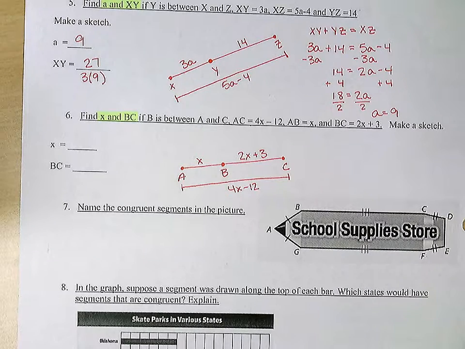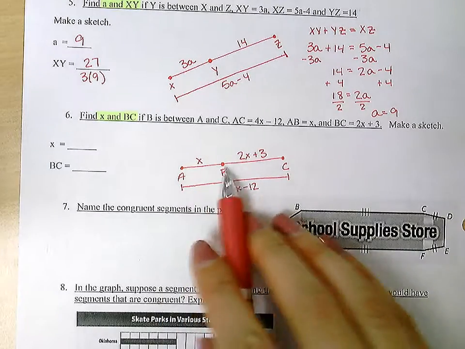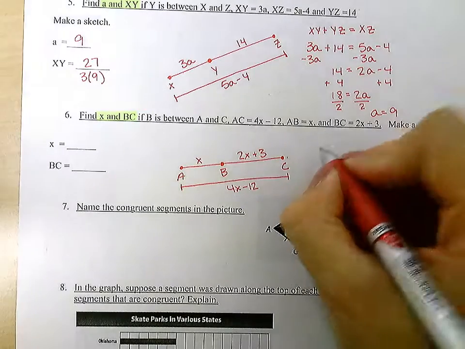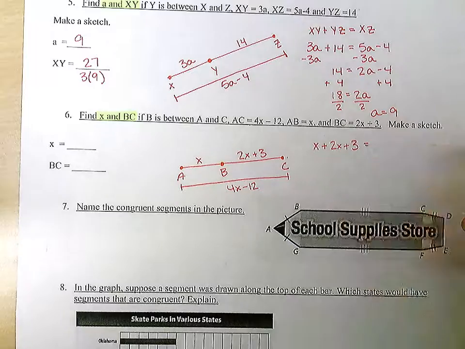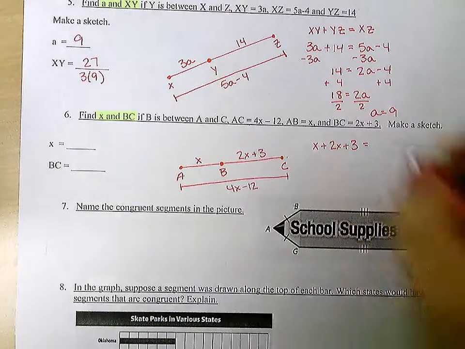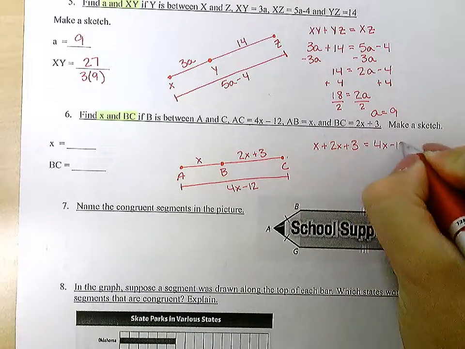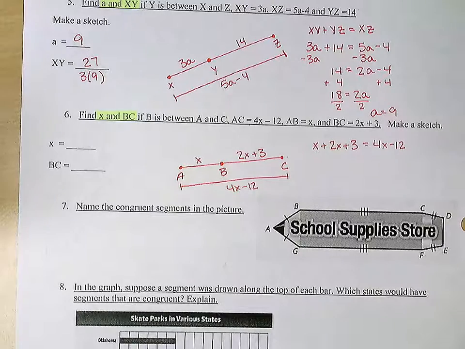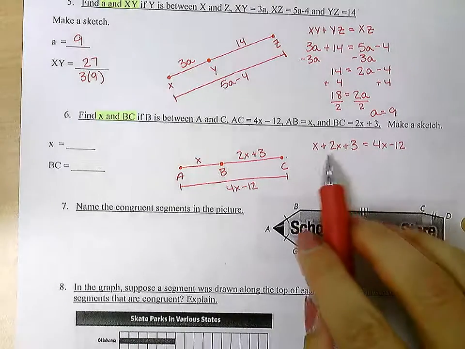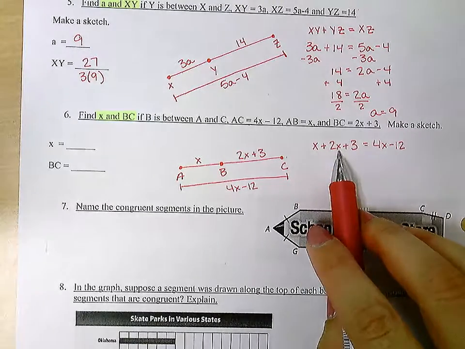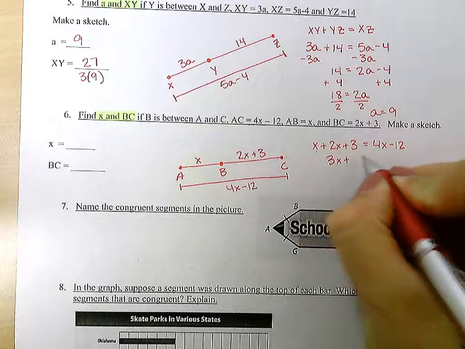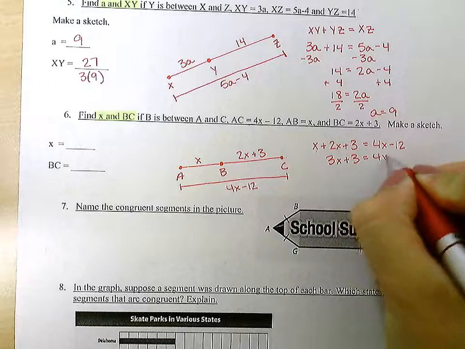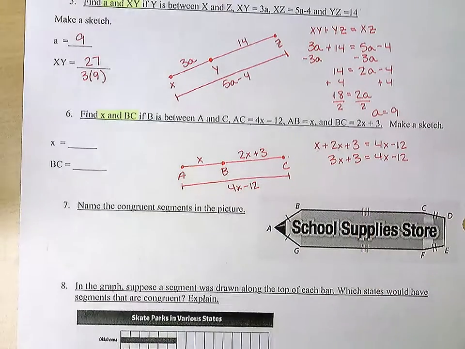Just like before, I can take my two smaller pieces and add them together. So I have x plus 2x plus 3. Set that equal to the entire segment of 4x minus 12. I can combine like terms on this side, so instead of an x and a 2x, I have 3x plus 3 equals 4x minus 12.